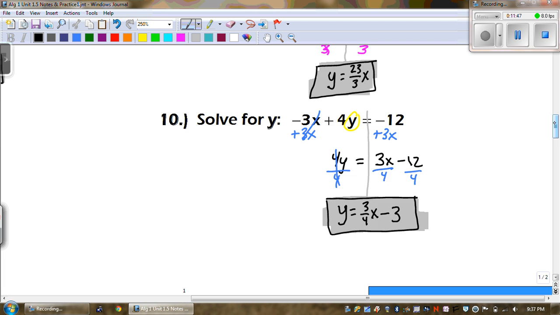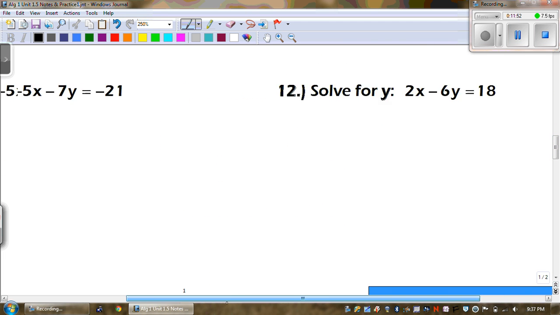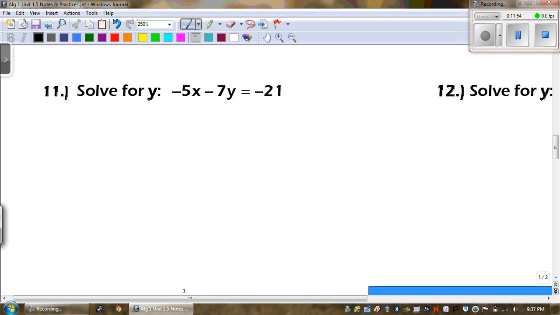Okay, we just have to keep track of all of the information. Okay, be careful not to lose anything, like our signs. Okay, so we need to solve for y. So to solve for y, the first thing we need to do is to get rid of the x. So we're going to add the 5x to both sides. The x's cancel.